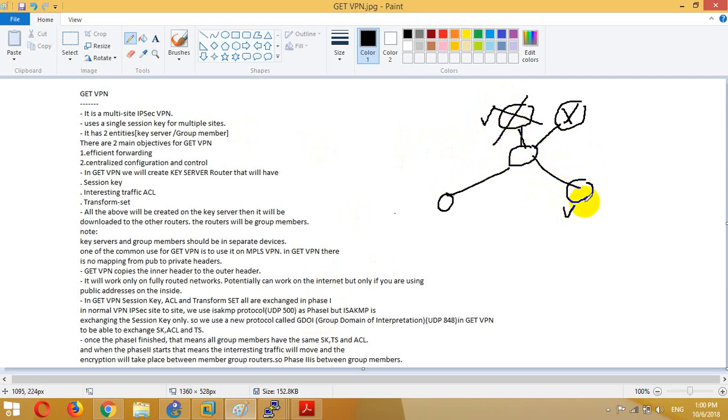As you remember guys, the journey of the packet: if this guy wants to reach up here, he will go first to the main or head office or another location, and then it will go to the second location, which is not really a practical thing. So we need him to go directly from this route.